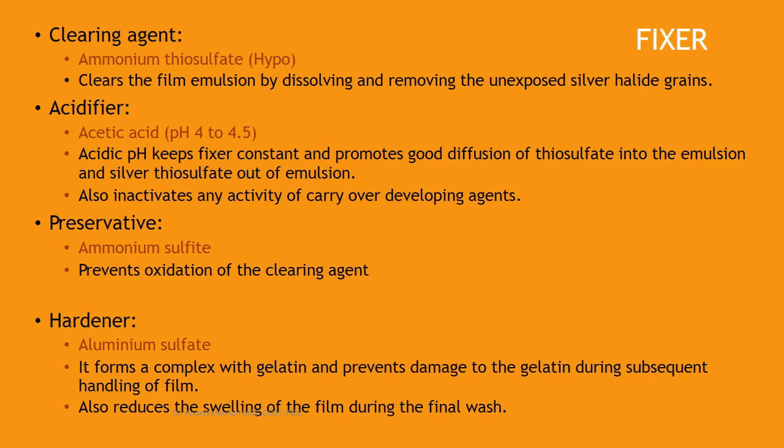I told you, once we do enough developing, then we rinse it in water. When we rinse it, the developing agent over the surface will get washed away, but there will be some amount of developing agent still retained within the softened emulsion and the gelatin, the super coat. To prevent that retained developing solution from acting any further, this acidifier helps.